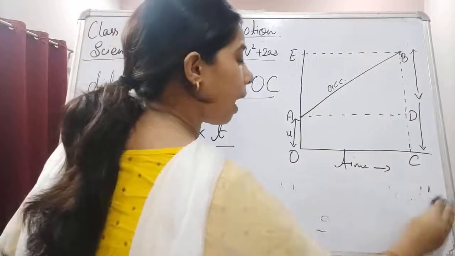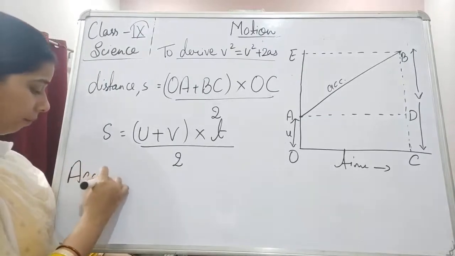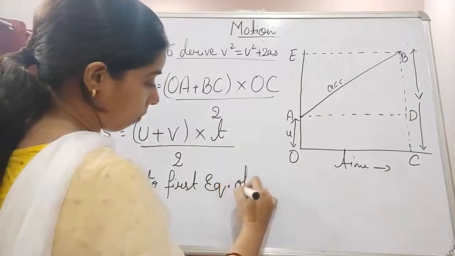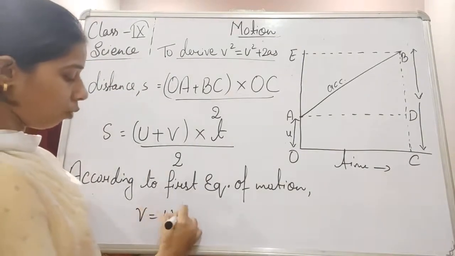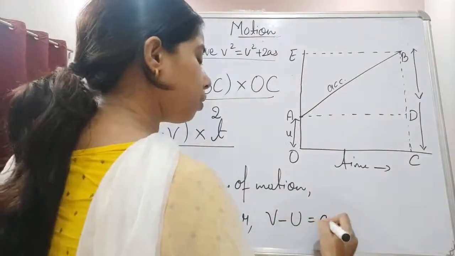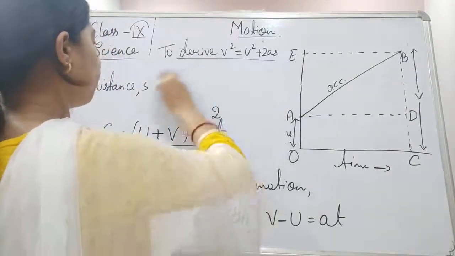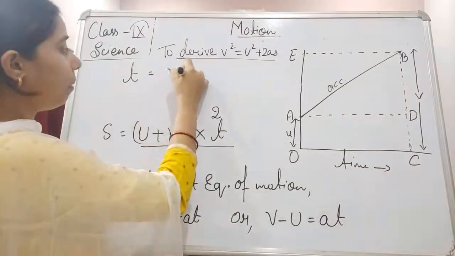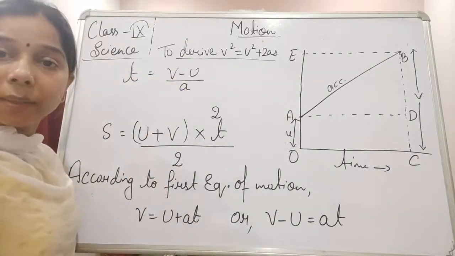So we all knew that according to the first equation of motion, students, V is equal to U plus AT, or we can write V minus U is equal to AT, or t is equal to V minus U upon a, right?